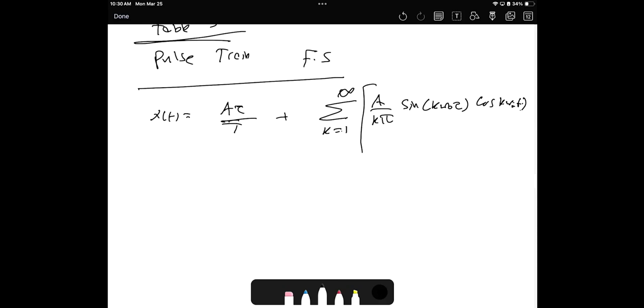And look at the brackets, plus A over k pi, then times 1 minus cosine k omega naught tau, times sine k omega naught t.